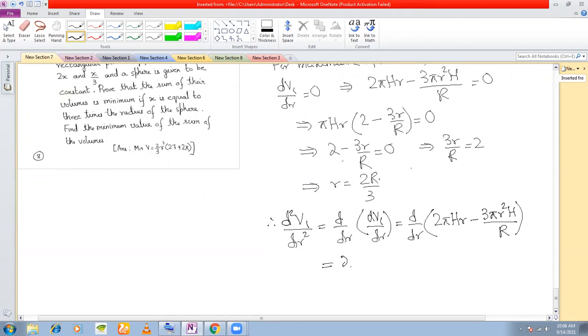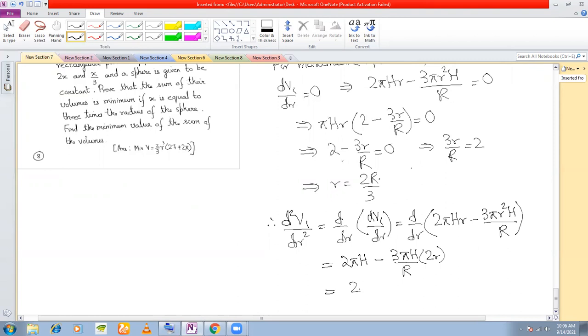You can take 2πh common, out because it is a constant, and d/dr of r is 1, minus. Now from here you can take 3πh/R out, and you can differentiate r² to get 2r.